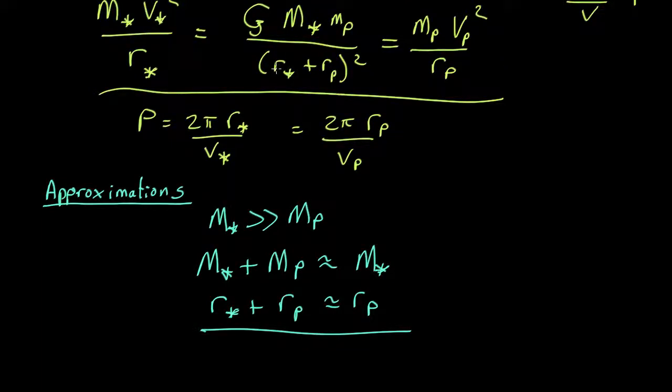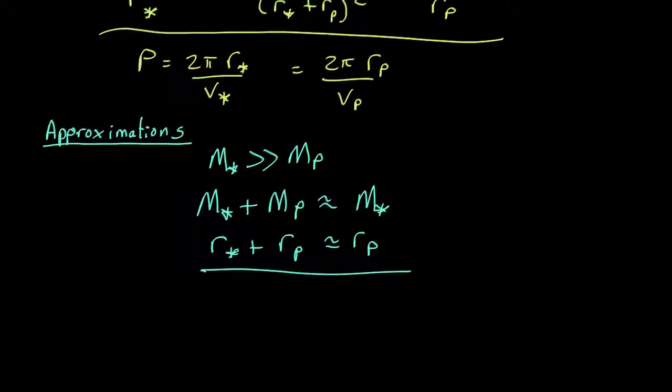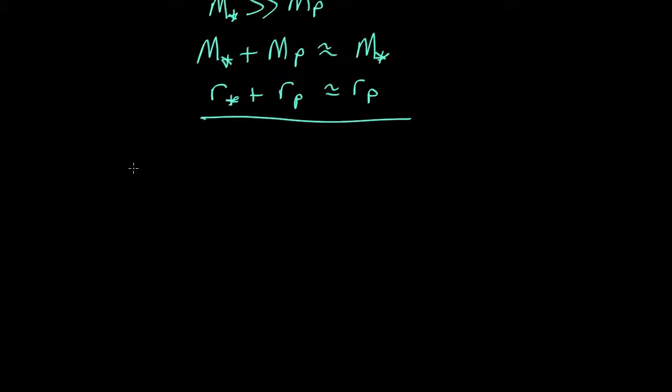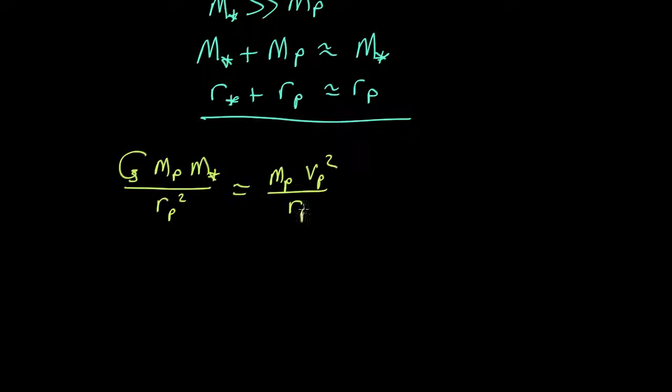Well, we can look at this equation and make the approximations here on the second half of this equal to that. So what we get here is that G m planet m star over r planet squared, because it's actually r star plus r planet, but we're using this approximation up here, is pretty equal to the centripetal force on the planet, which is mp vp squared over rp.